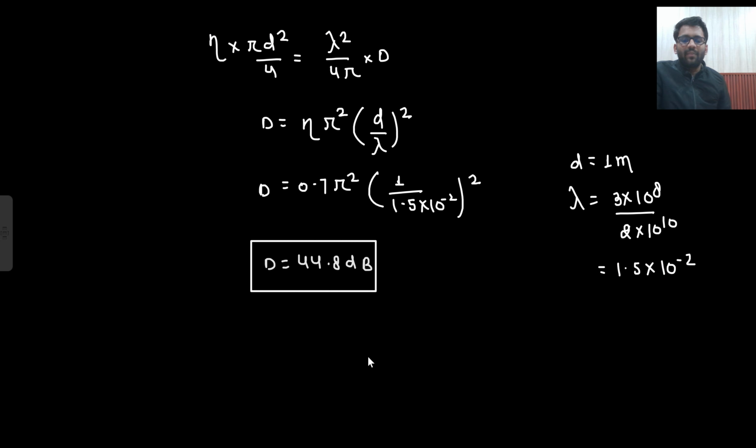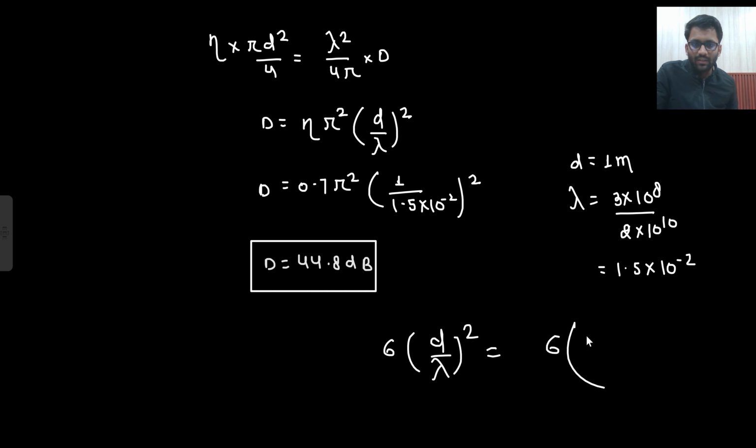Okay, so don't apply any formula blindly. Let's just say if I had applied this formula blindly, what answer would I be getting? Let's check. So 6 into d, where d is 1 divided by 1.5 into 10 to the power minus 2. What I think is that in dB there should not be much difference. So let's check that: 100 by 1.5 whole square into 6, then 10 log.